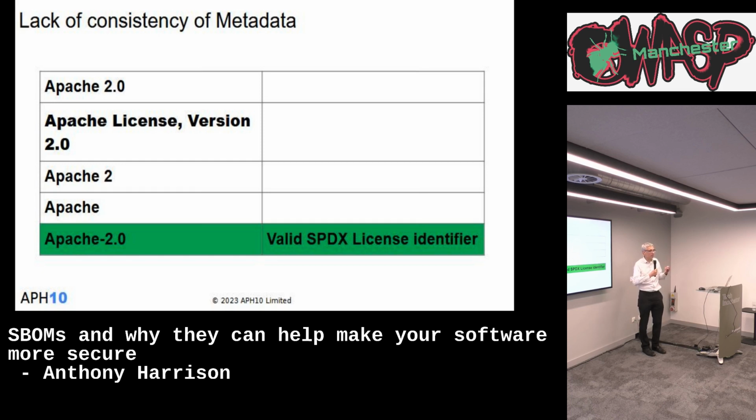Be really precise, and there are, I think at the last count, about 350 different ways of specifying your licenses. I looked at Apache and I found 7 different ways of writing Apache 2. The only one you should be using is Apache-2.0, not Apache space 2. So if you are producing any metadata for any ecosystem, be precise, and be accurate.